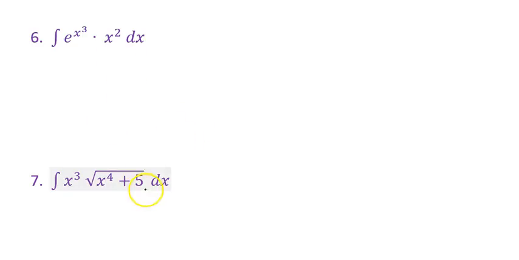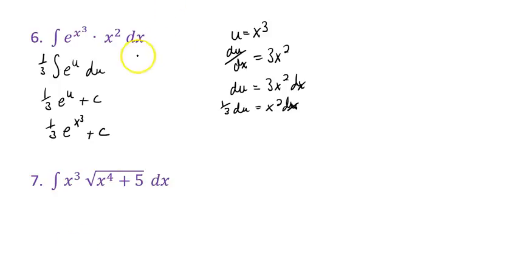Okay, so here we have example 6 and example 7, and this will be a great time for you to pause and try these on your own. Okay, for number 6, your final answer should have been 1/3 e to the x cubed plus c. The best thing to pick for the u is the x cubed, because the derivative of it is 3x squared and there is an x squared in the problem. When you take the derivative of the x cubed, you get the 3x squared.